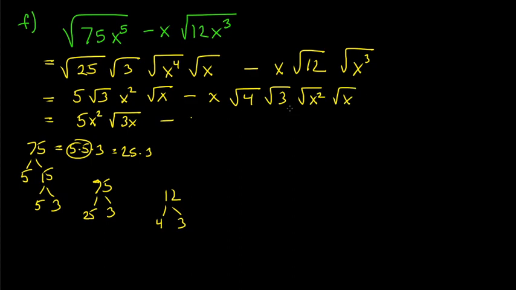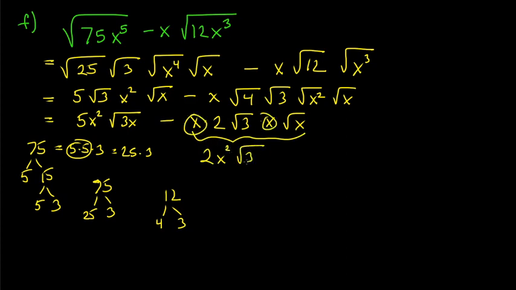So what we're going to end up with here, I'm going to need another line. We have x times 2 times the square root of 3 times another x times the square root of x. So all of this becomes, let's see, 2x times x, right, is 2x squared times the square root of 3x.